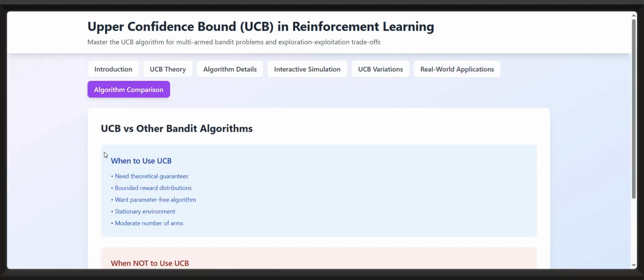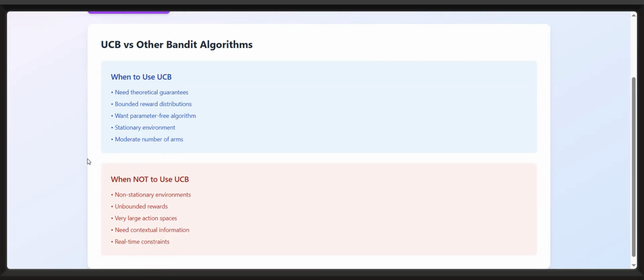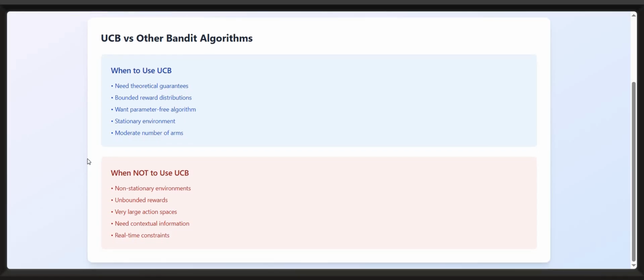And last thing is here, when you should use UCB, and when you should not. So UCB is a solid choice if the environment is stable, that is, if the reward probabilities don't change over time. It also works best when the number of options is manageable and when you want a method that doesn't rely too much on extra tuning.